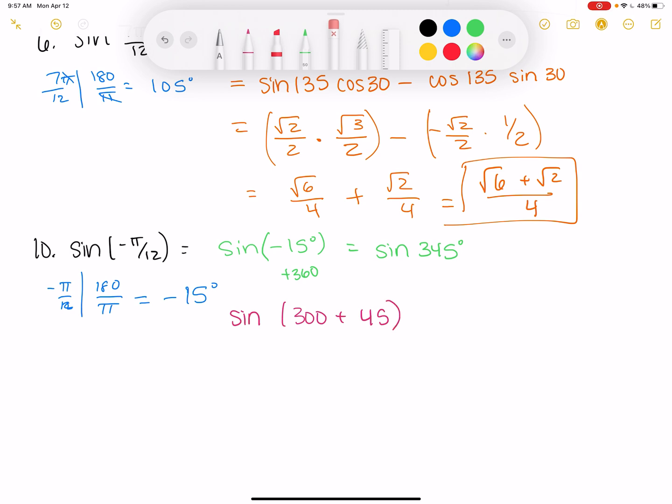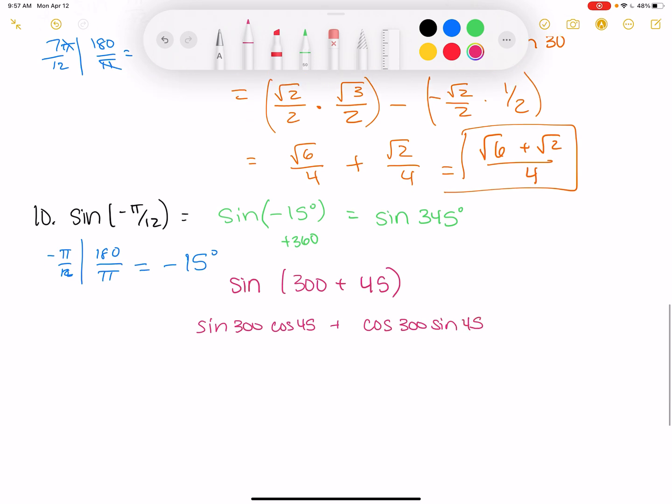What is the formula written out for this one? The sine of 300 times the cosine of 45 plus the cosine of 300 times the sine of 45.